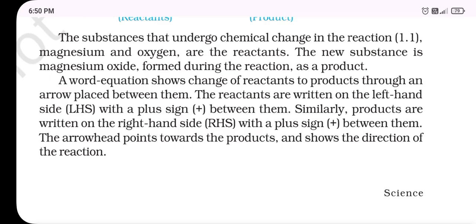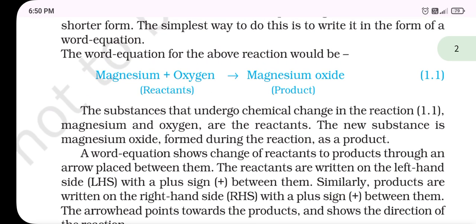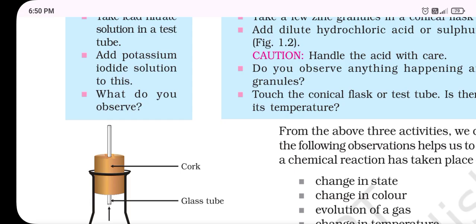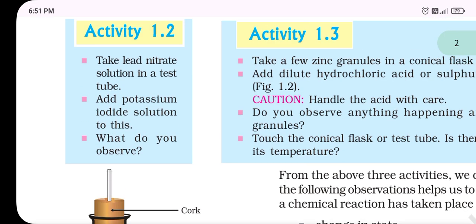Similarly, products are written on the right hand side, RHS, with a plus sign between them. But here at the product side just magnesium oxide is formed, so there is no plus sign, because of the absence of another product. But in the double displacement reaction, lead nitrate plus potassium iodide forms lead iodide and potassium nitrate.